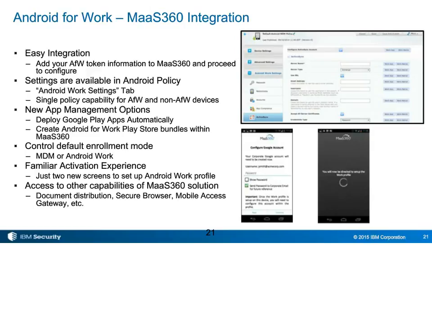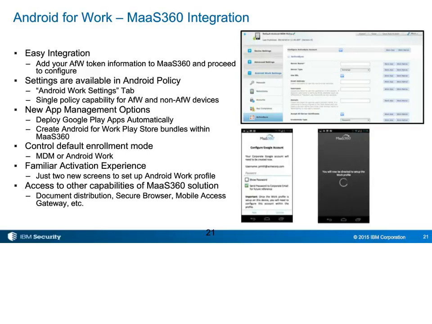We offer new app management options as well. You can choose the option to deploy Google Play apps automatically, which means the user will not be prompted to install the application. You can set the option when you deploy the bundle of applications to the device through Android for Work that the applications will automatically show up in the containers a short time later. We also have the ability to create those bundles to push to devices within Manage 360.